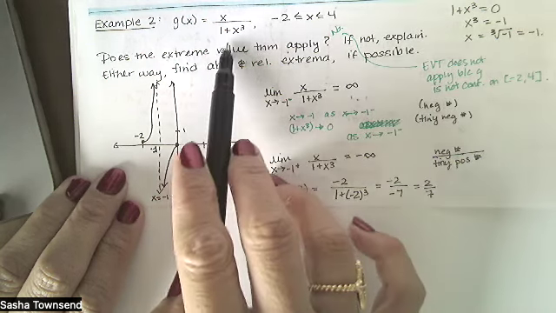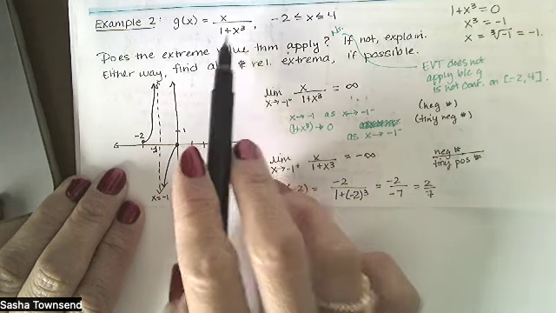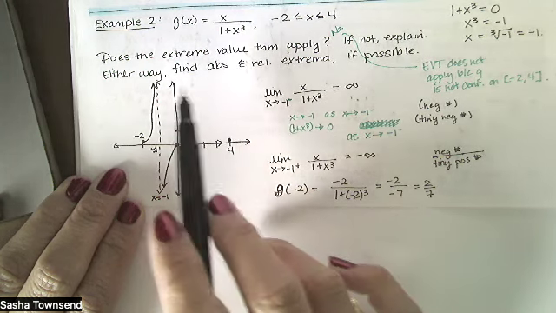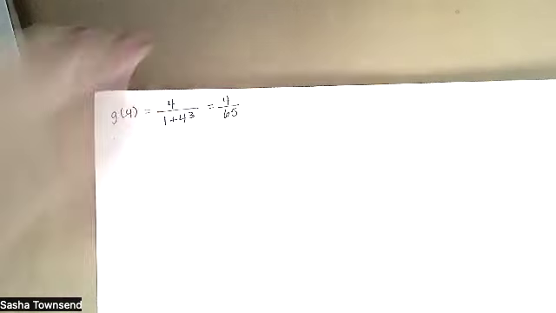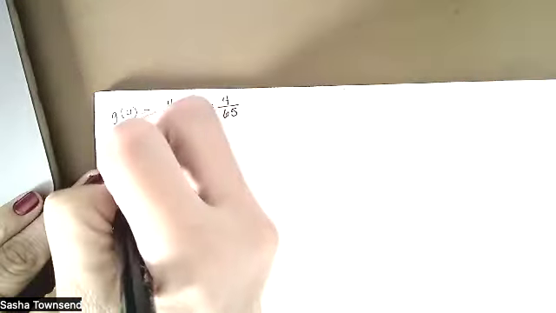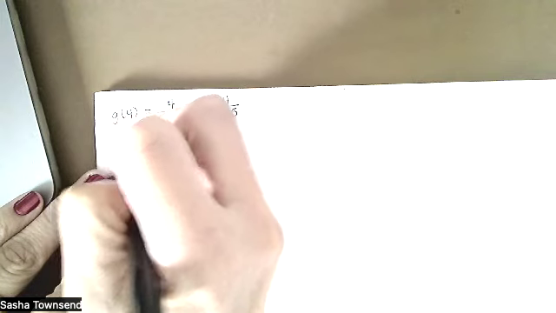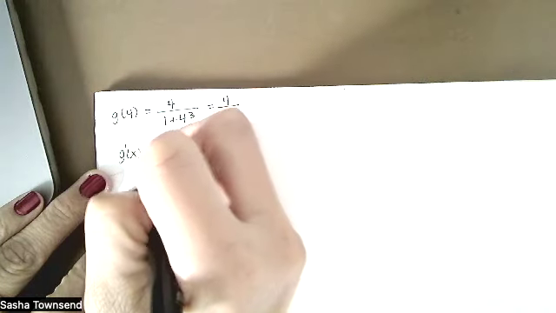So let's compute the derivative and set the derivative equal to 0 and find out if we've got any critical numbers on the interval of interest. So to do that, we will do the computation. Use the quotient rule.